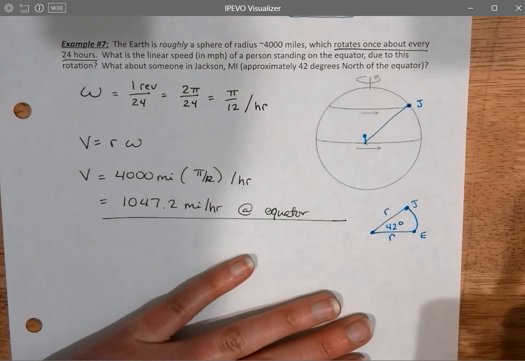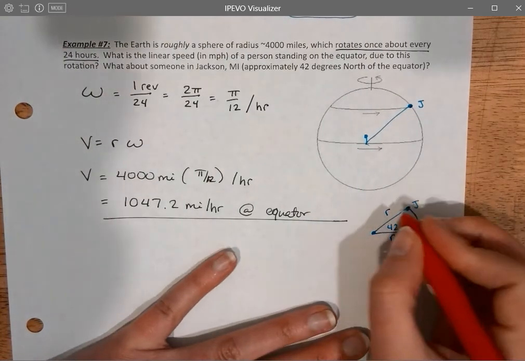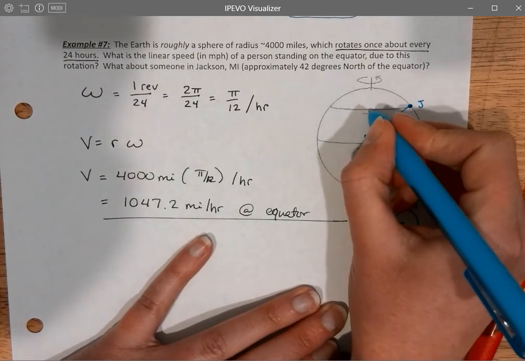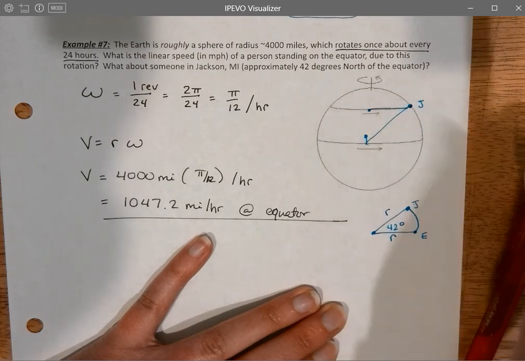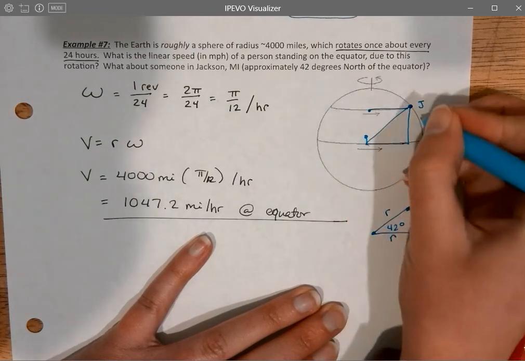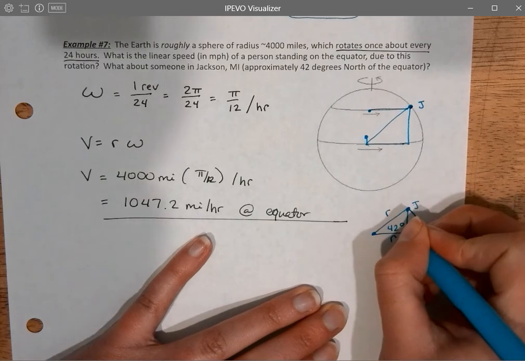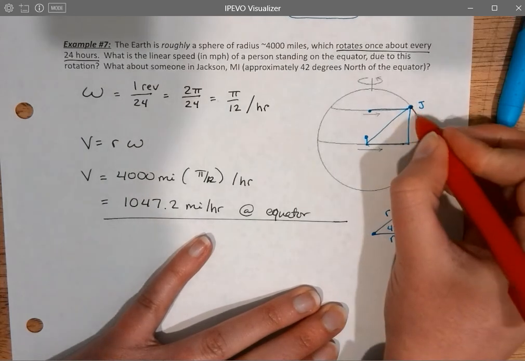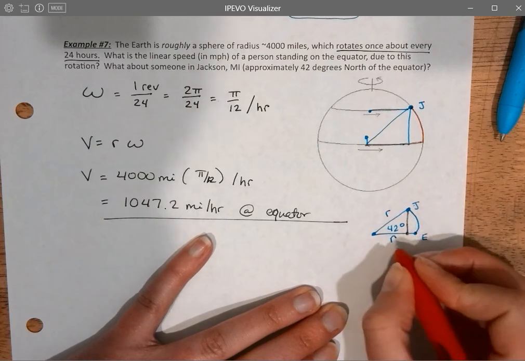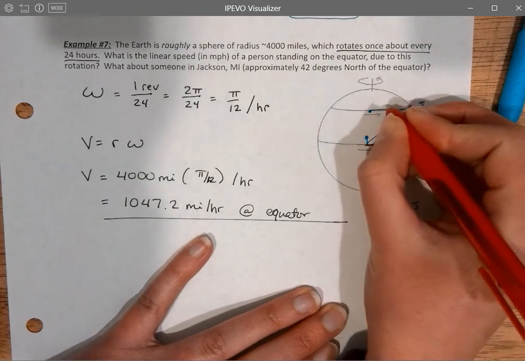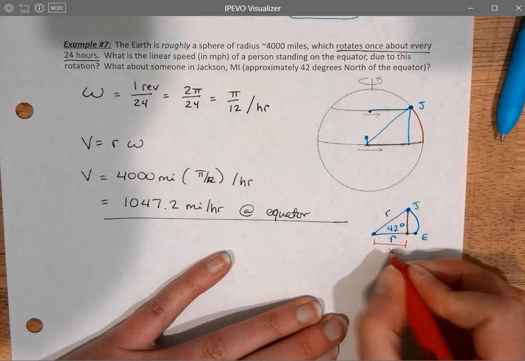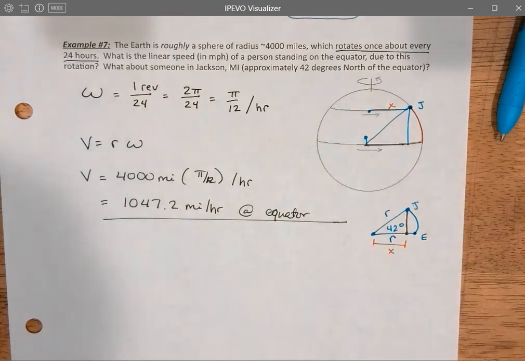What I want to know is what Jackson's radius is on that sphere. That triangle would drop down to be just Jackson's measure, a shorter radius, right? So that's what I want to find. I'm going to call it X right now.